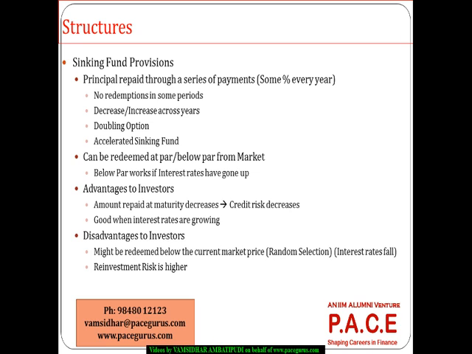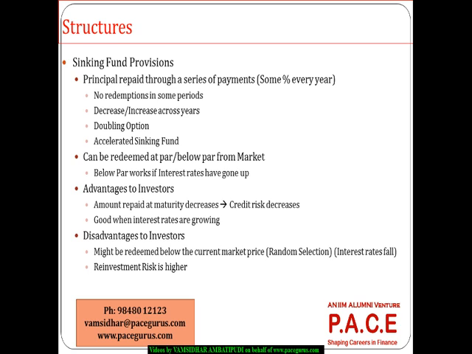In some cases, there might be a possibility of an accelerated sinking fund, which means there is an option available to the issuer that if the issuing company really wants, the company can pay back more principal amount than what is initially specified.